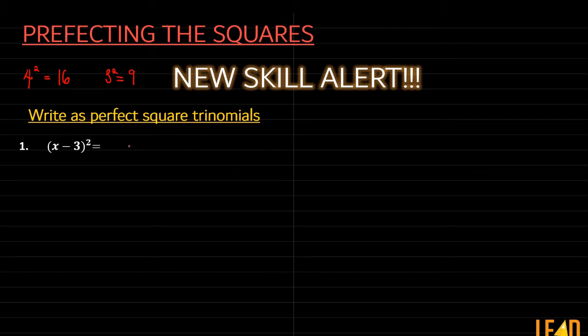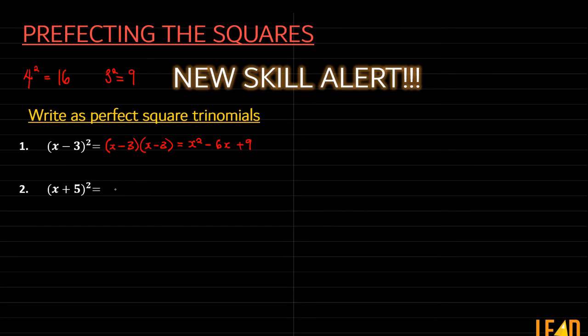So for this one, if I square it, it's going to be x minus 3 multiplying x minus 3, which gives x squared minus 3x minus 3x, so minus 6x, plus 9. I collected the like terms already in my head, but you can multiply it out and see that it gives you that.